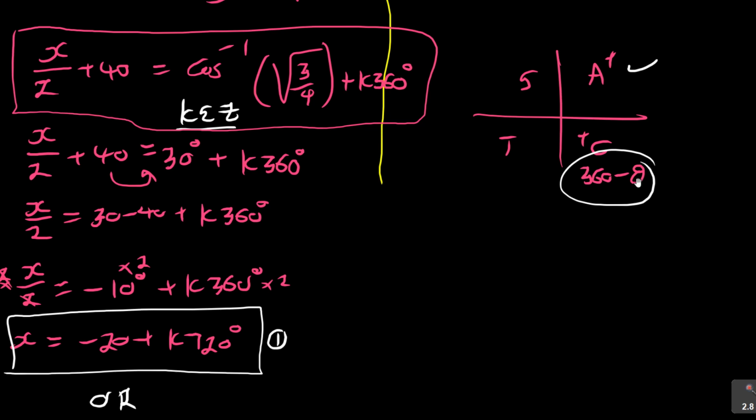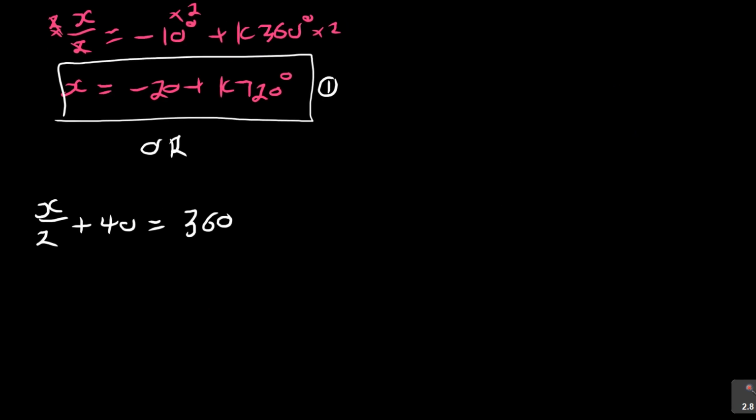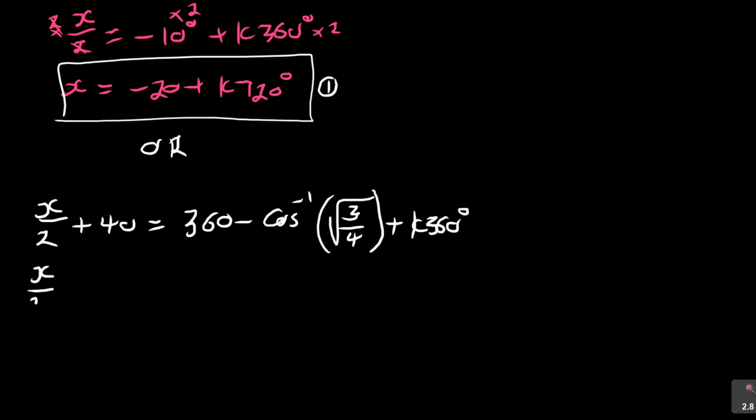There is 360 minus theta, but my theta is arc cos of the square root of 3 over 4, which we know already is 30 degrees. So 360 minus arc cos of that plus k 360 degrees, which is x over 2 plus 40 is equal to 360 degrees minus 30 plus k 360, like that.